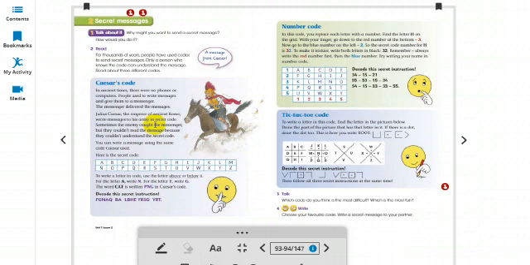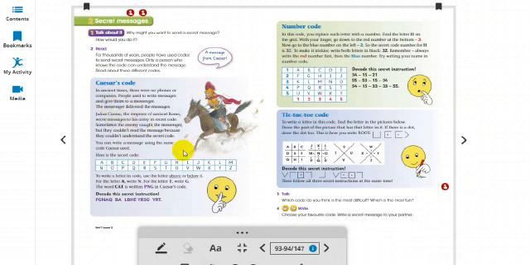But at times the enemies used to catch the messenger who was passing on the message, and they would try to read the message, but they could not understand it. Why? Because Julius Caesar or his army people used to make codes so that only they could understand what the message said. So was it of any use for the enemy to catch the messenger and read the message? No. Why? Because he doesn't know the meaning of the code that Caesar gave to his army or the army gave to Julius Caesar.